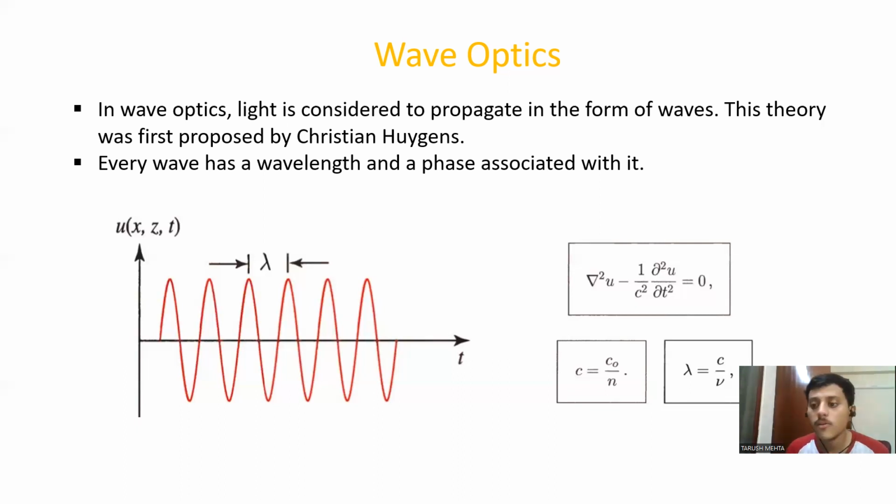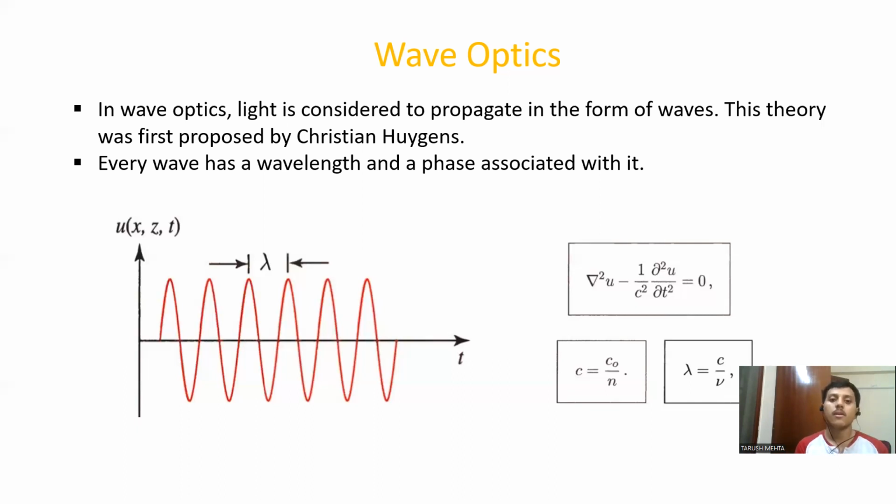However, ray optics fails to explain phenomena like diffraction and interference. So in order to explain such phenomena, wave optics was introduced. In wave optics, light is considered to propagate in the form of waves.